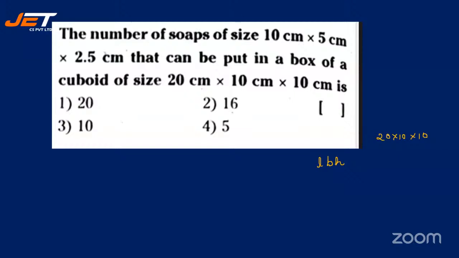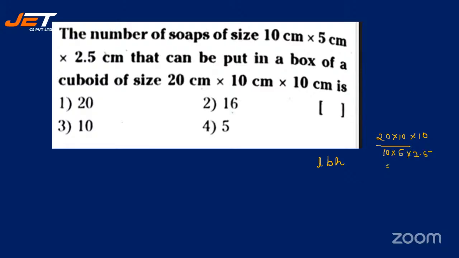So what is it that you have to do? The question is the number of soaps of size 10 centimeter, 5 centimeter, 2.5 centimeter that can be put in a box of a cuboid. So now we want the number of soaps. So we have volume of cuboid divided by the volume of the soap. It means that it is 10 into 5 into 2.5. All right, students.